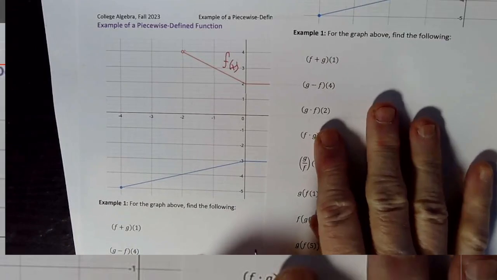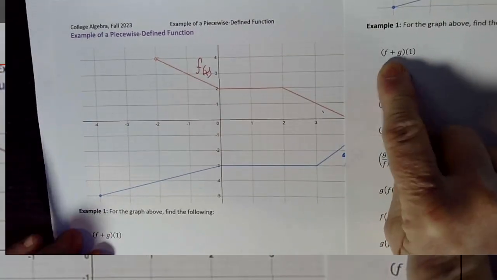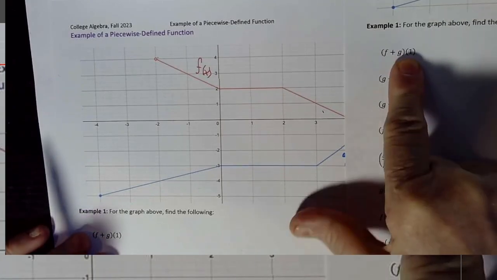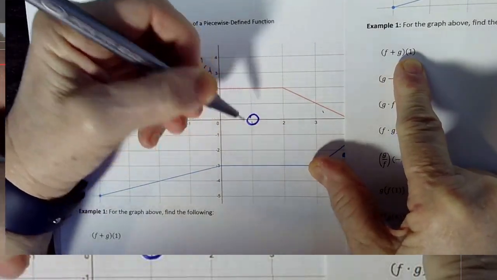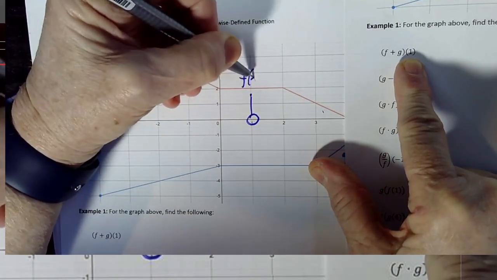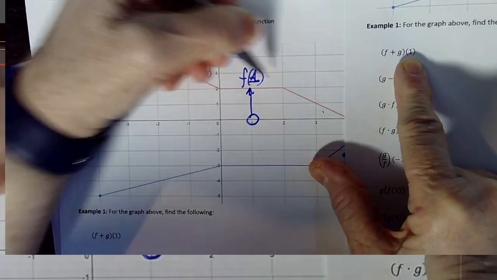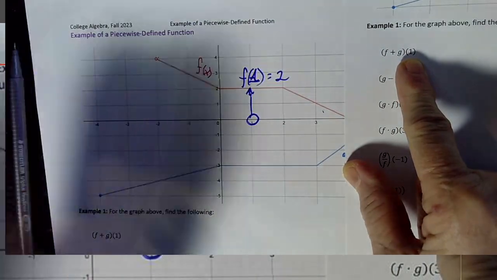So what we want to do is find these values. The first thing we want to do is look at f plus g evaluated when x is 1. So here x is 1, and I can see f of 1, that's 2. G, let's get a different color.